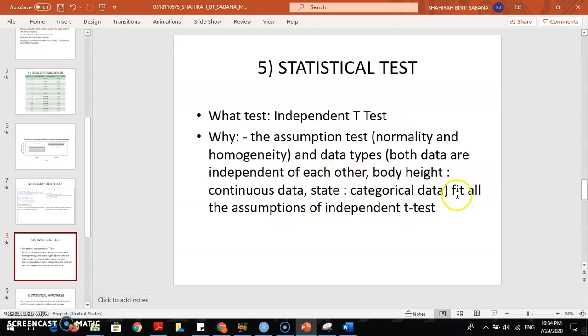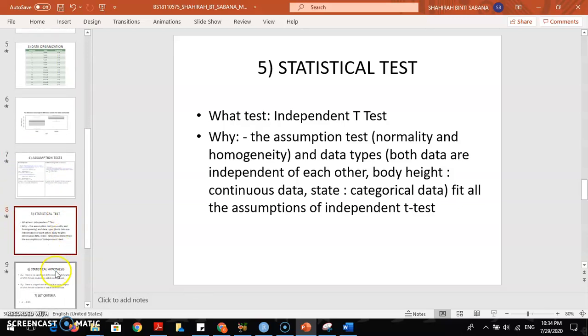It fits all the assumptions of the independent t-test: normality check, homogeneity check, both data are independent check, and one is continuous and one is categorical.